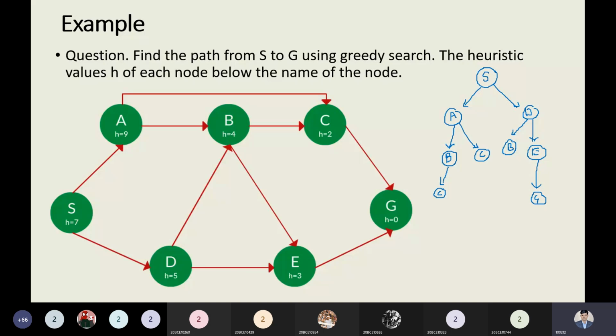So E to C and B to E, so B to E I can write like this, and C to G is already there. Last one we have A to C, already done. Okay, it is almost done.